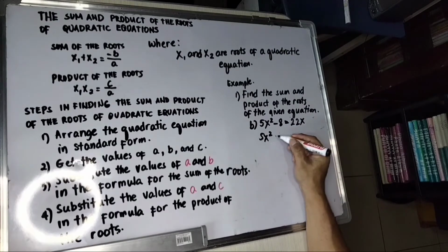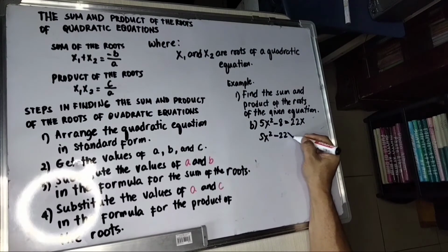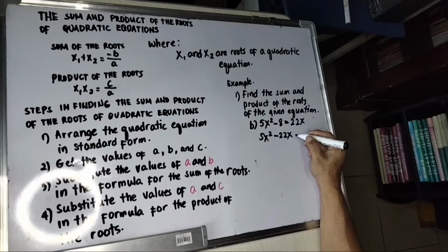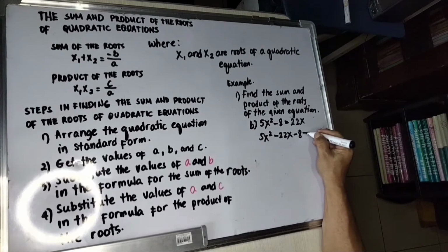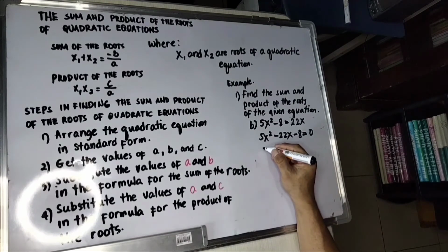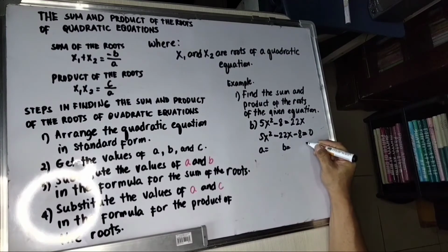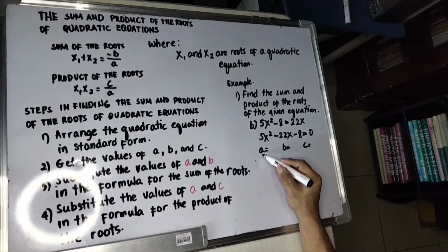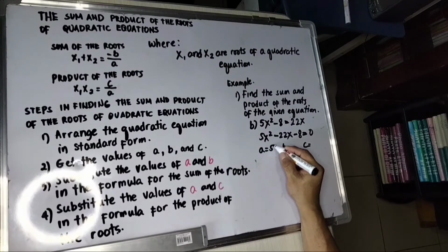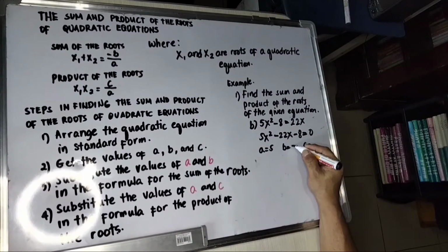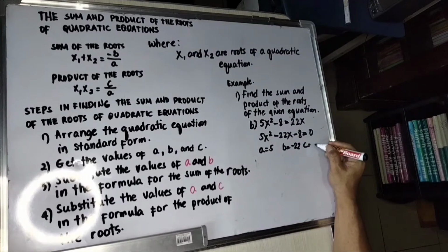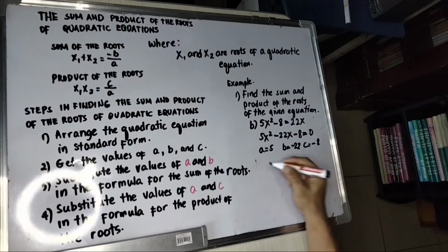Then it becomes negative 22x minus 8 equals 0. Then we have the values of a, b, and c. For a, we have 5. b is negative 22. And c is negative 8.